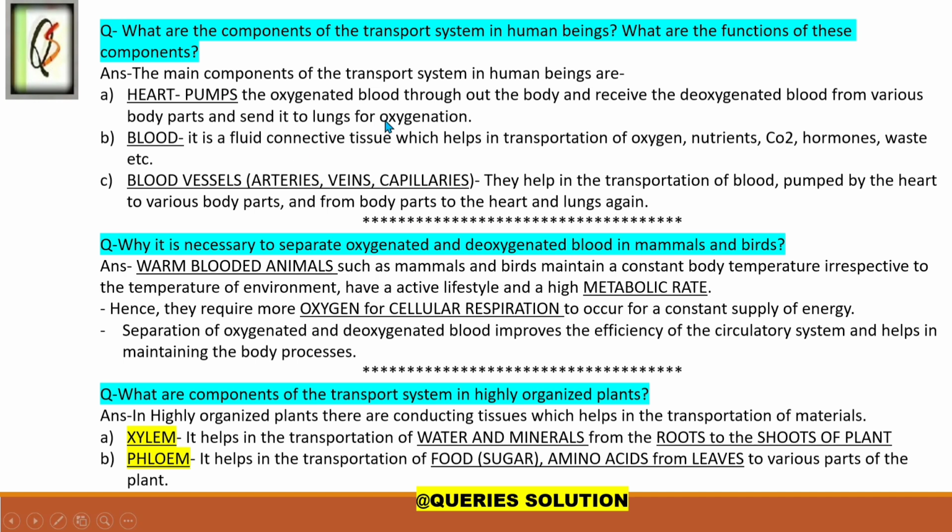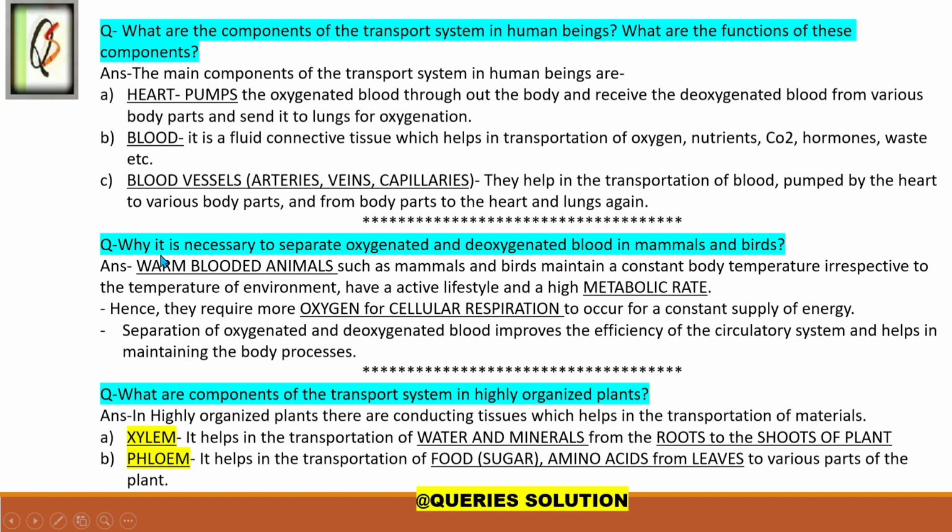So blood is basically a fluid connective tissue which helps in the transportation of oxygen, nutrients, carbon dioxide, hormones, waste, etc. Along with this, the important components again are your blood vessels, which include your arteries, veins, and capillaries, and they help in the transportation of blood, which is pumped by the heart to various body parts, and from the various body parts to the heart and lungs again. So these are the three important components of the transport system in human beings and the functions that we have discussed here. All right.